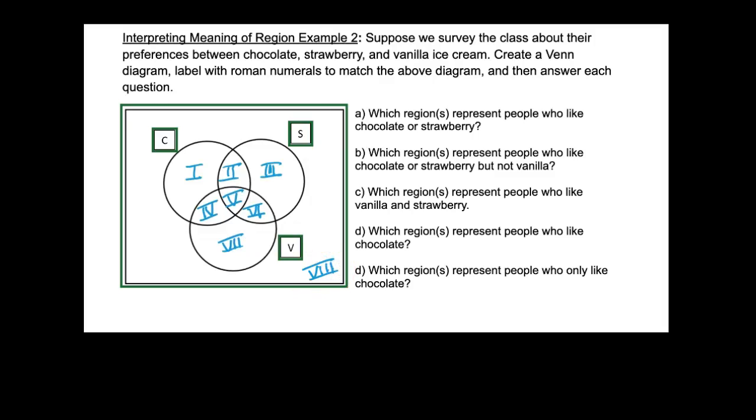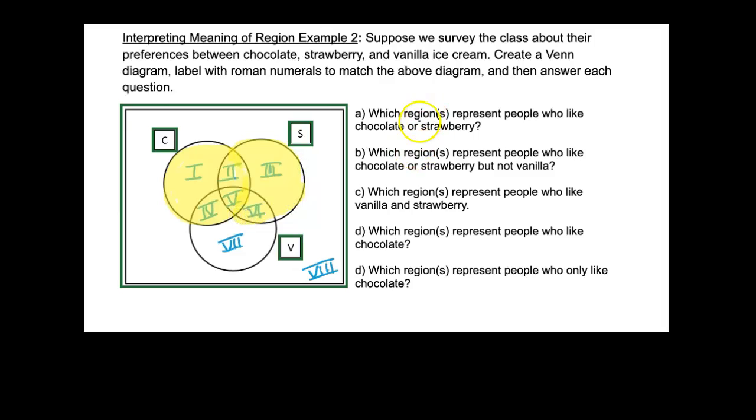Part A asks which regions represent people who like chocolate or strawberry. If I use shading, chocolate or strawberry would be anybody that's in the chocolate circle, and then anybody who's in the strawberry circle. Just think about this for a minute.